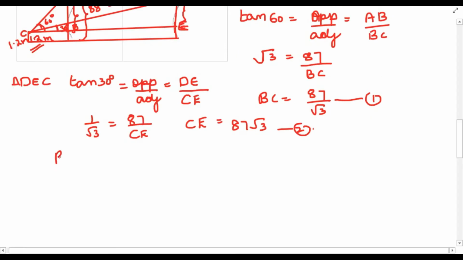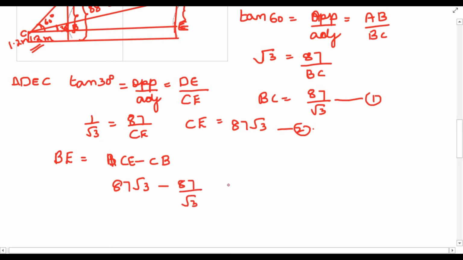So BE is total distance CE minus CB. And CE just now we got 87 root 3, minus CB is 87 divided by root 3.